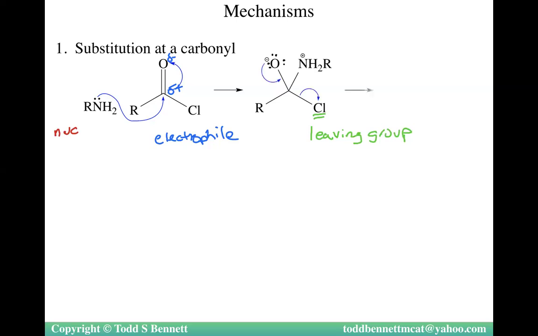When those electrons kick back in, notice they kick back in into the middle, which means it's making a pi bond, and these bonding electrons end up on chlorine. So chlorine is going to go off with eight electrons and a negative charge on the chlorine. I should put the charge where it belongs.